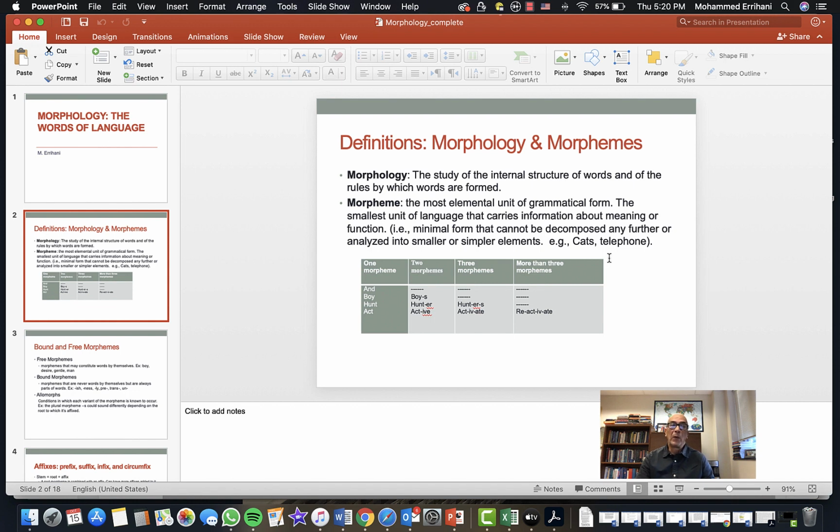For example, ER means one who does in words such as builder. So you have builder as a word consisting of two morphemes, build and ER. And the meaning of ER is one who does. Same thing with singer. It consists of a verb, sing, and ER, which means one who does. So again, singer consists of two morphemes.